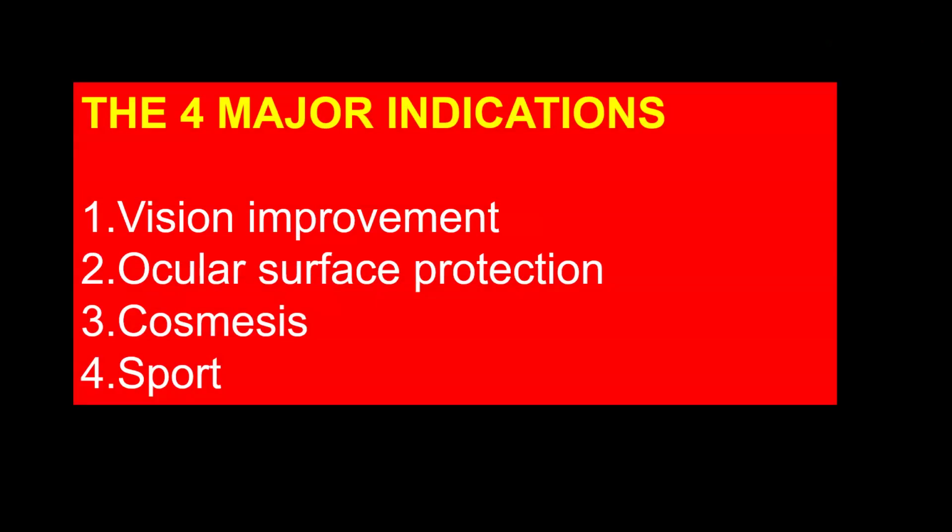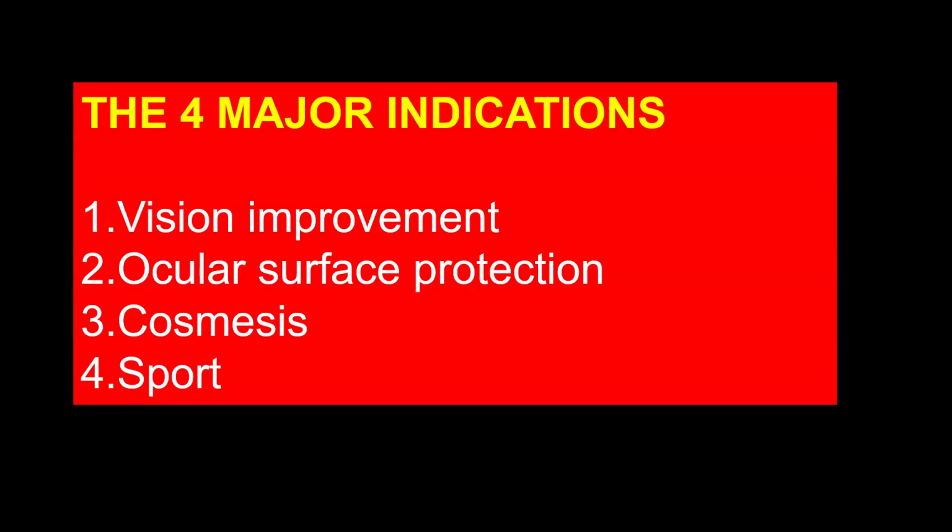So for indications, you can classify that into vision improvement, ocular surface protection, cosmesis, or cosmetic reason, and sport. Now for vision, it's not so much about vision anyway, in my own thinking based on research, because other contact lenses can give you the same quality of vision that you can get from scleral contact lenses.